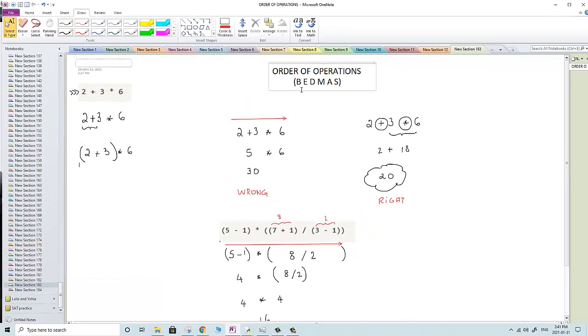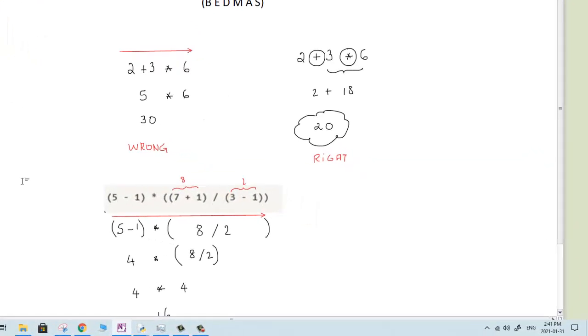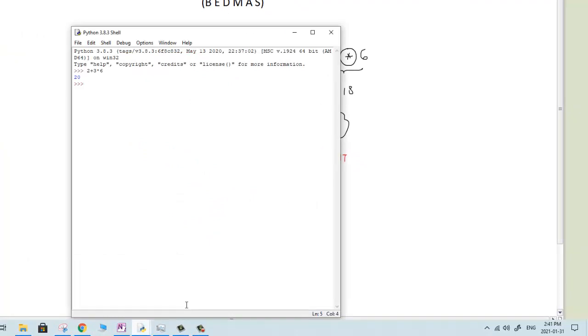The bracket is the highest level in BADMAS. So Python will understand that in this case you need it to start with 2 plus 3. I can force this bracket: open bracket, 2 plus 3, close bracket, and after that times 6. So here Python will see that there is a bracket, so 2 plus 3 equals 5, 5 times 6 equals 30, and here we go, this is the answer.